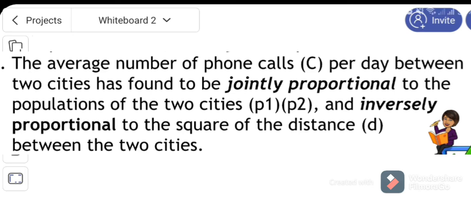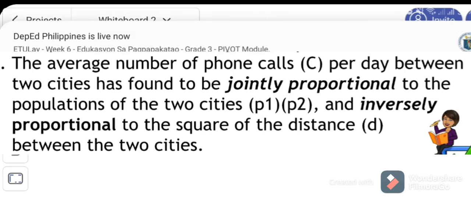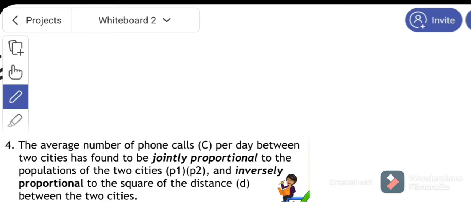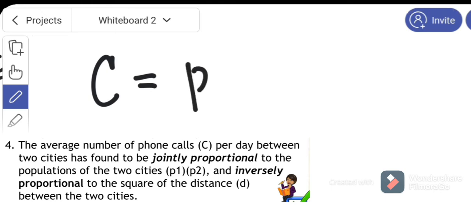Number of phone calls, C, per day between two cities has been found to be jointly proportional to the populations of the two cities, P1 and P2, and inversely proportional to the square of the distance D between the two cities. So let's take C varies jointly with P1.